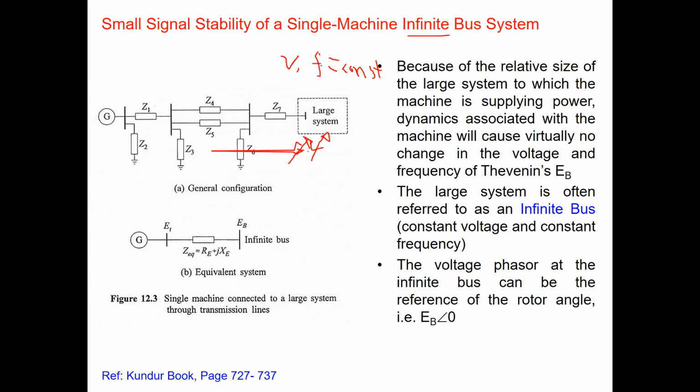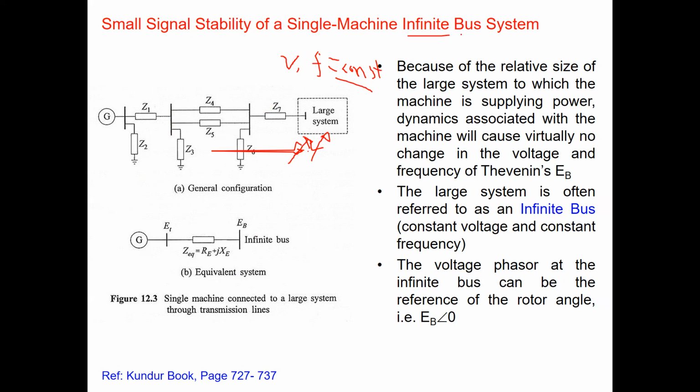So if you have some large power network wherein, irrespective of generation change and load change, voltage and frequency are maintained constant, then it is an infinite bus system.